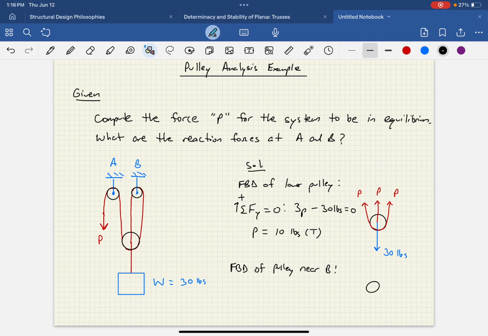Excuse me, I still got some allergies I'm fighting with. Got this pulley here. That is not a pulley. I don't know why it's defaulting to a square. There. Okay, that looks reasonable, I guess.